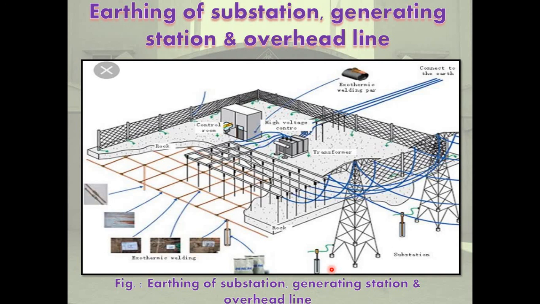Next, earthing conductors, risers, shielding wire, surge arresters, earthing switch terminal, transformer neutral, cable and equipment body or frame body, and metal clad switchgear. So these are the main equipment of the station earthing system. This is the most important part of the earthing system in a substation, generating station and overhead line.